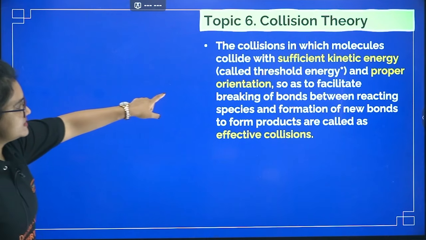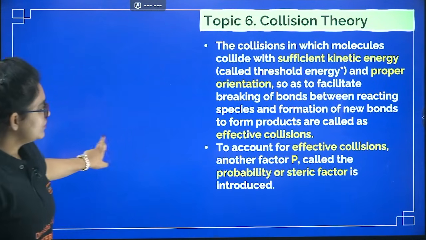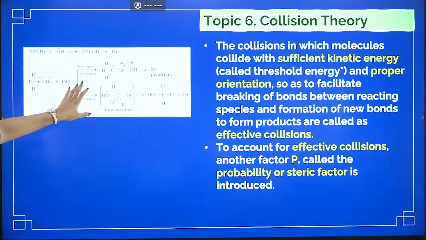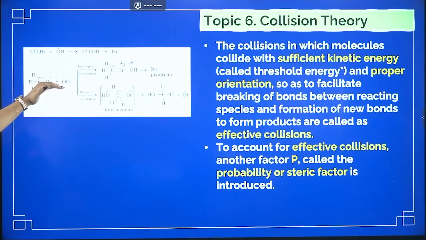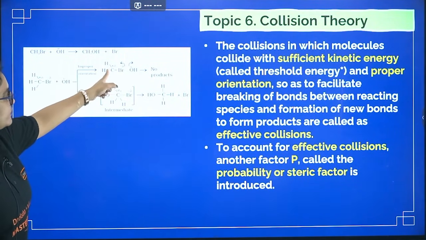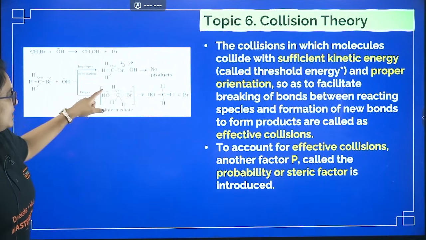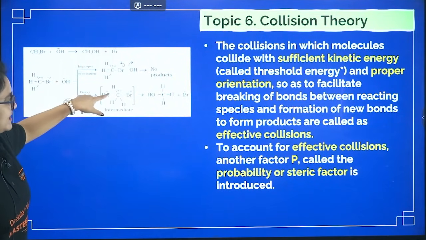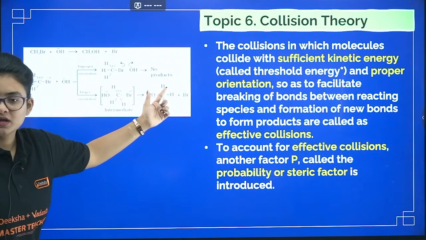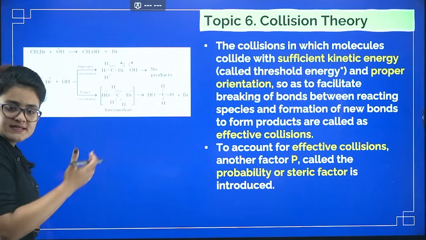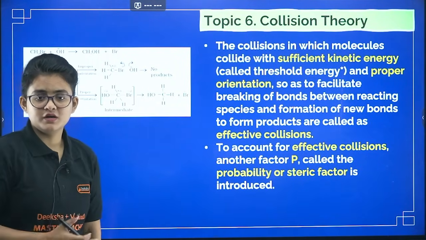Orientation I already told you. This is the SN2 reaction. This is the improper orientation: if OH minus approaches from the front side, there will be no product, but if OH minus approaches from the back side, the product will be formed nicely. These are the things you have to remember for the collision theory.